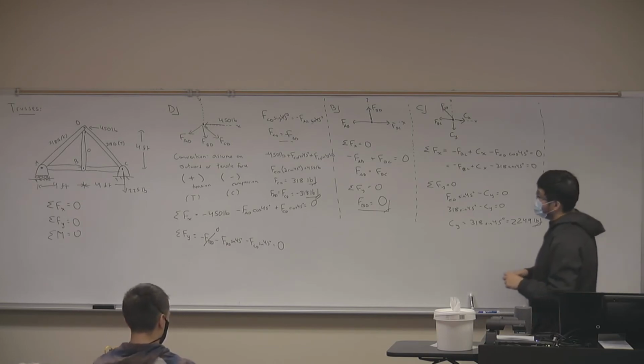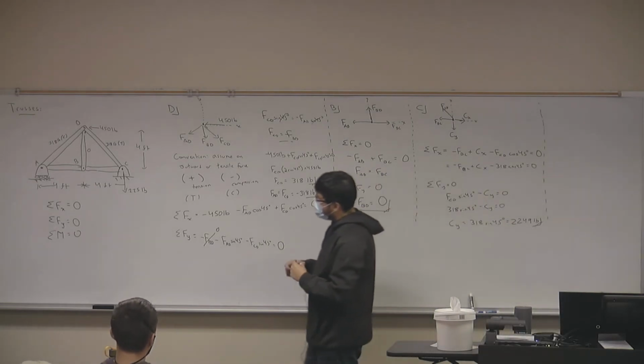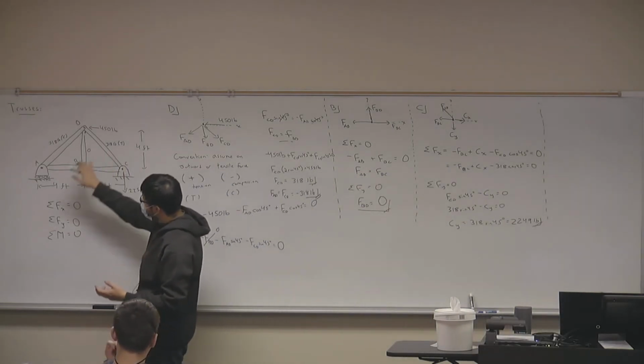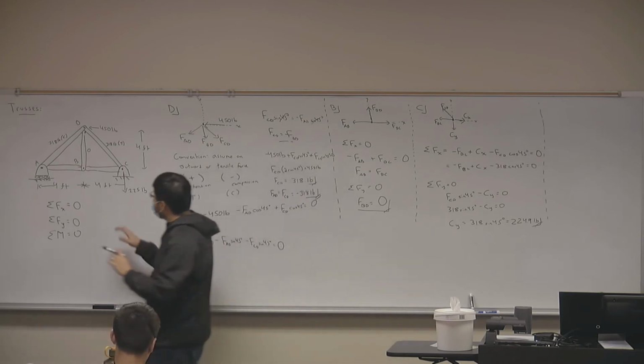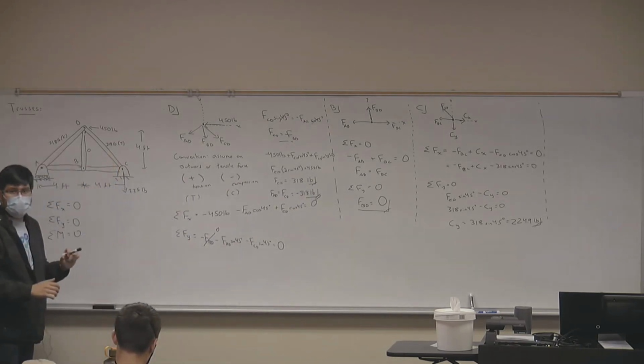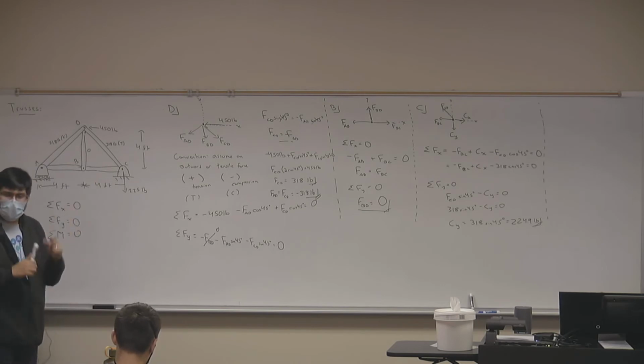Okay? So I am going to switch to the A joint and then figure out what relationships we can get there. But remember that we can also look at this as a structure, right? As one system. And why am I saying this?